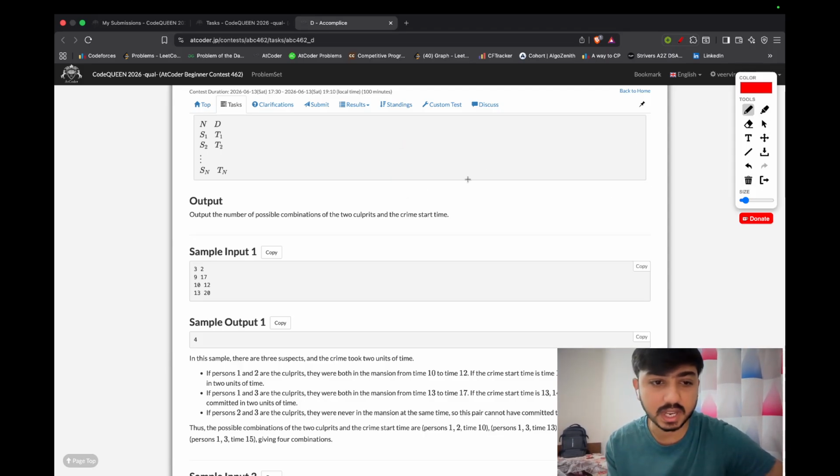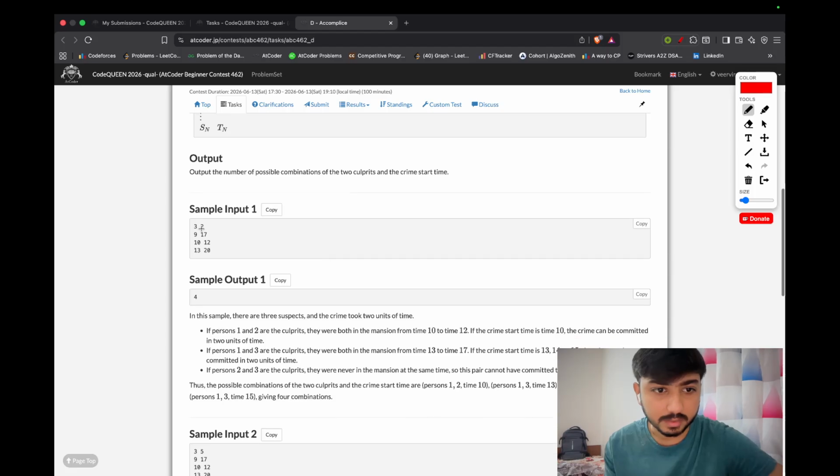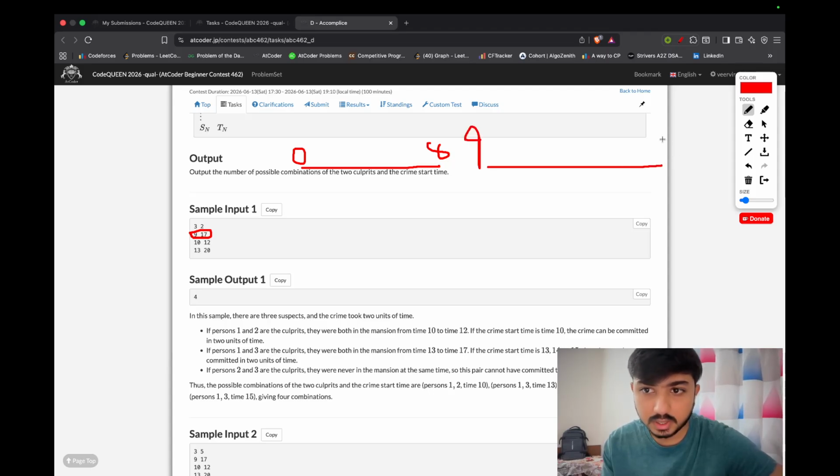What I'm trying to say with a difference array is, for example, let's say this case. If I build a difference array, I will do plus one for all the elements from 9 to 17. So from 0 to 8, everything is 0, from 9 to 17 everything is 1, and from 17 to the rest, everything is 0.